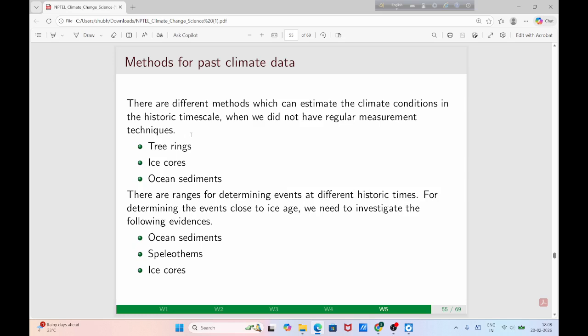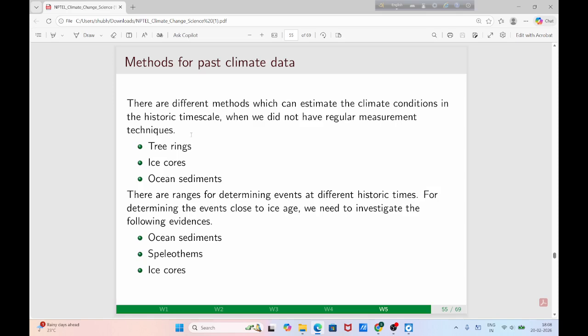For example, if we want to look at the temperature of, let's say, the year 1980 or even 1950, we can get the temperature with some good resolution. So we can almost confirmly tell that the temperature was this much at this particular region.